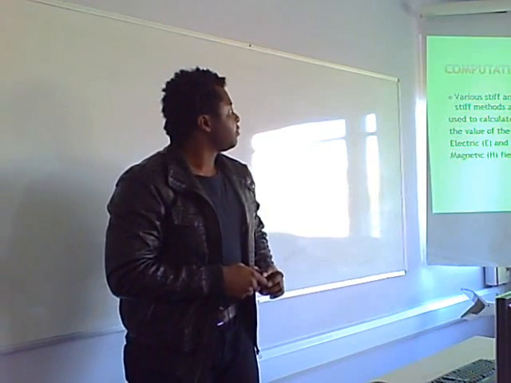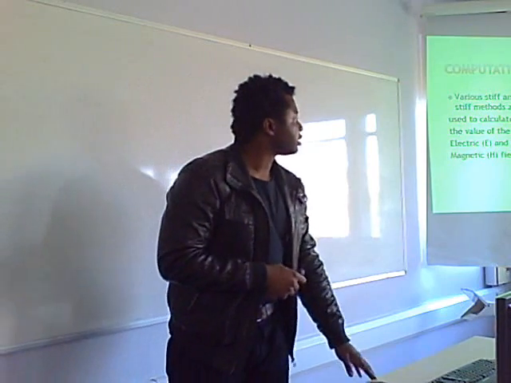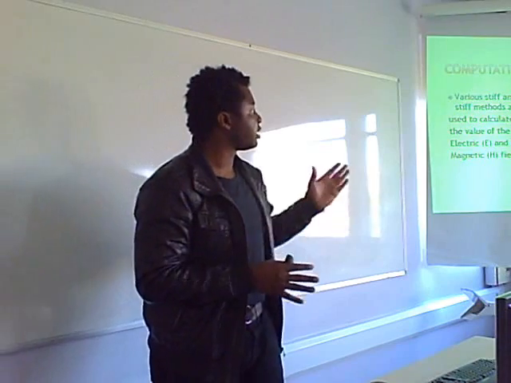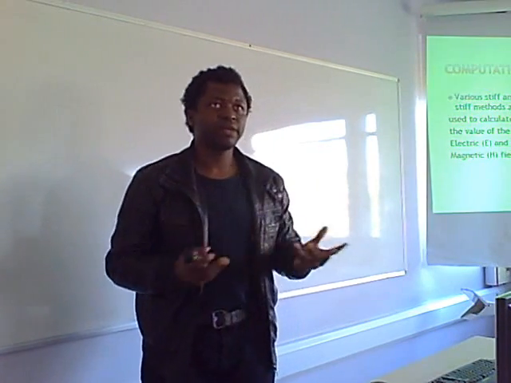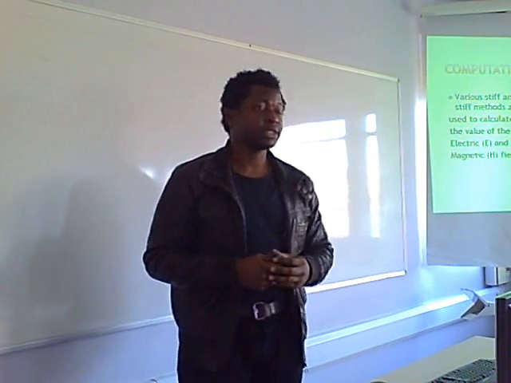There are three broad methods: the finite difference method, the finite element method, and the transmission line matrix method. The finite difference method is where I'm focused, and there are explicit and implicit methods. The explicit method is also called the non-stiff method, whereas the implicit is the stiff method.